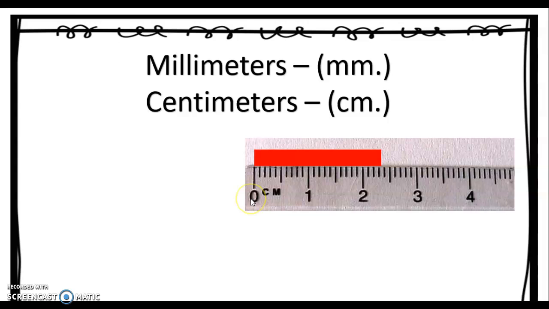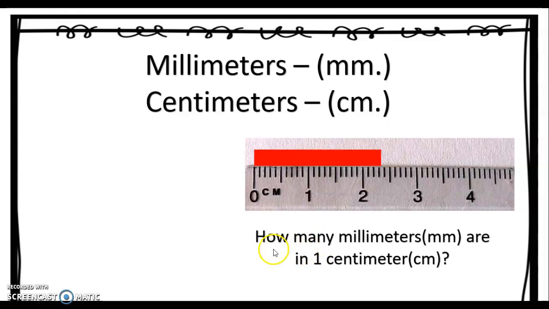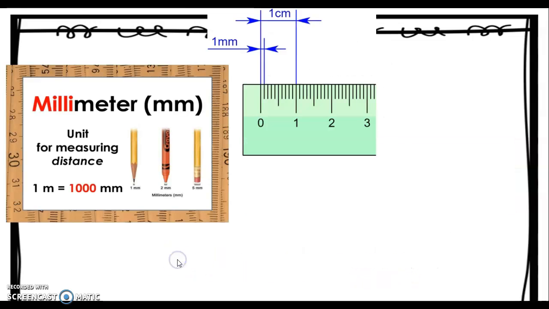So, if you wanted to know how many millimeters there are, you can count each number by 10 because there are 10 millimeters in a centimeter. Again, how many millimeters are in 1 centimeter? Good, 10.